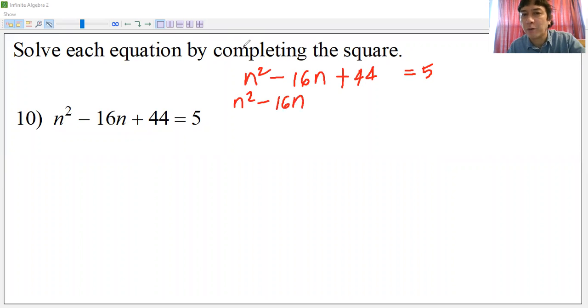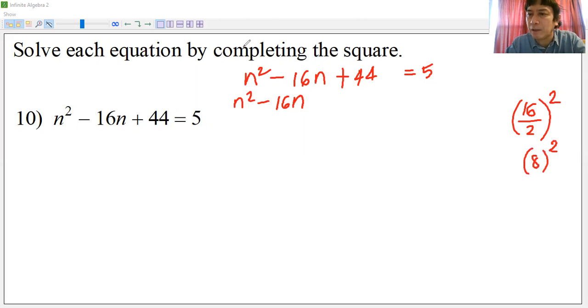We're now going to use the 16. We're going to divide this by 2, and then we're going to square it. So we have 16 divided by 2, that's 8. And then 8 squared, that's 64. Do not forget the 8 because we're going to use that afterwards.